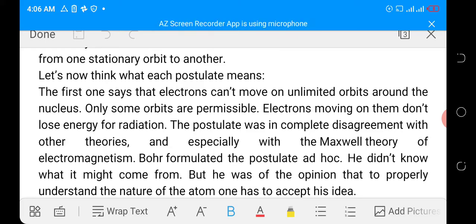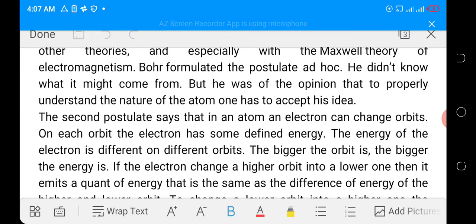So the postulate was in complete disagreement with other theories, and especially with the Maxwell theory of electromagnetism. Bohr formulated the postulate ad hoc. He didn't know where it might come from, but he was of the opinion that to properly understand the nature of atom, one has to accept his idea.